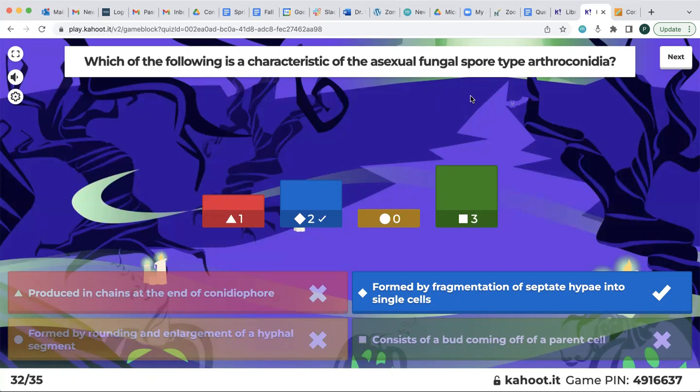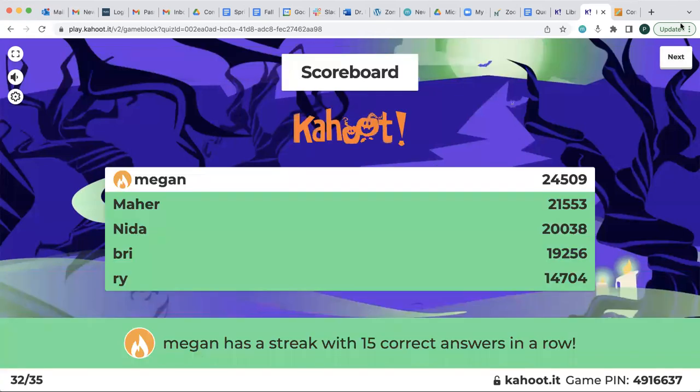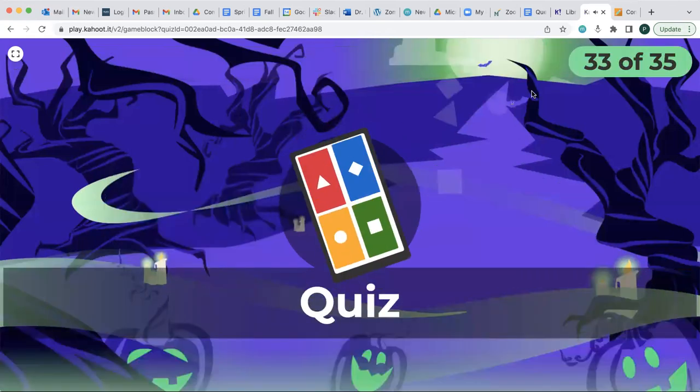Okay, so arthroconidia are formed by fragmentation of septate hyphae into single cells. And then rounding and enlargement, that is chlamydoconidia. Blastoconidia is a bud coming off of a parent cell. And then the last one, I can't find it, but oh yeah, sorry, it's a conidia. My brain just turned off for a second.